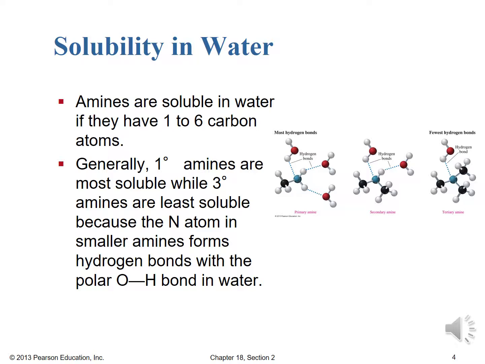Finally, for tertiary amines, you have no NH bonds, right? So all you can do there is to accept the partially positive hydrogen from a water molecule into the nitrogen's lone pair as a hydrogen bond acceptor. So you do have much less hydrogen bond possibility and much less water solubility if we're dealing with a tertiary amine compared with a primary or secondary amine.